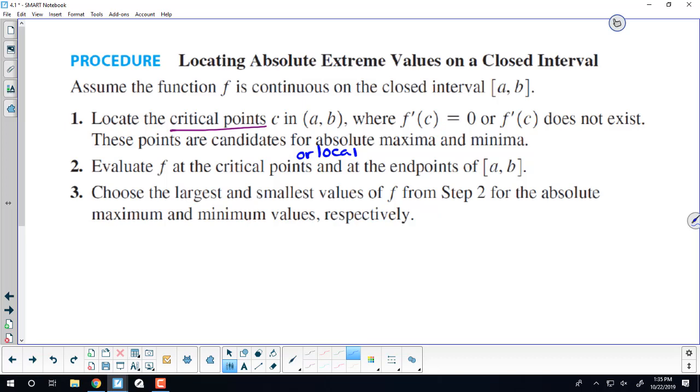So you never have to look at a graph. All you have to do is find these particular x values where the absolute max and min can occur, and then you just plug those into the function to see which one's the largest and which one's the smallest.